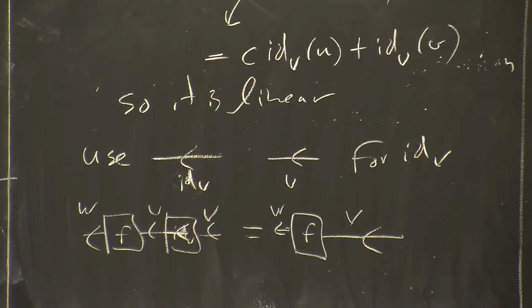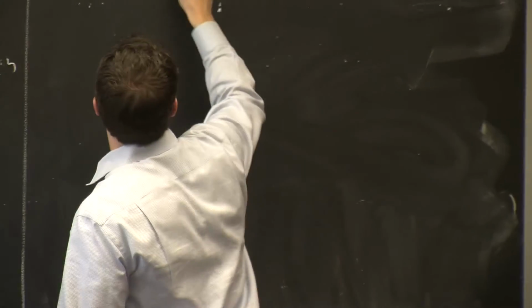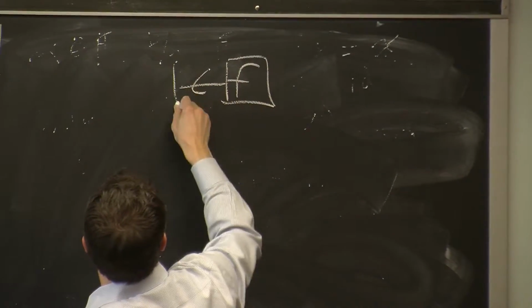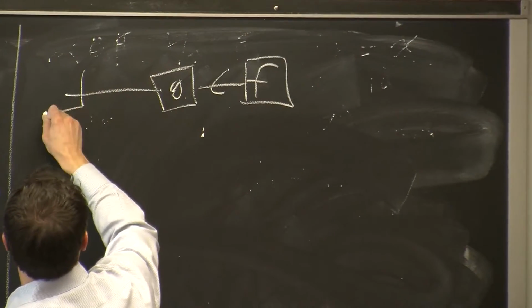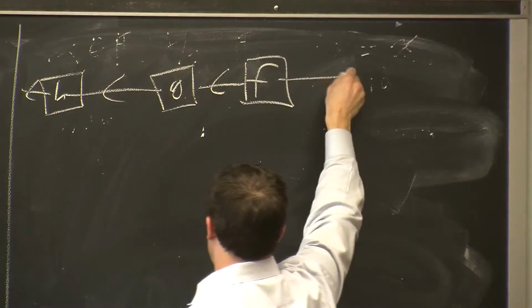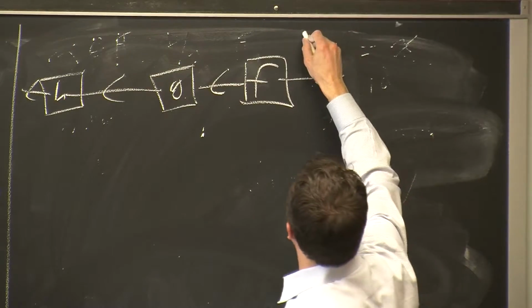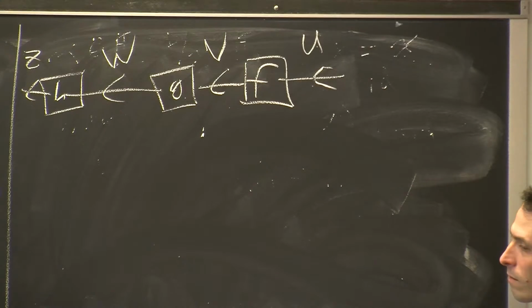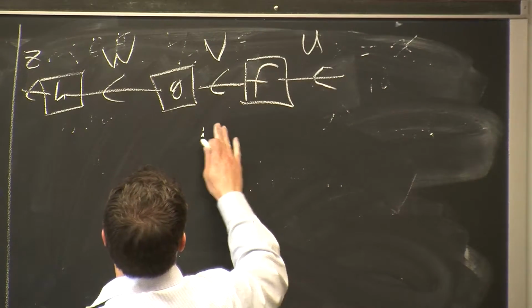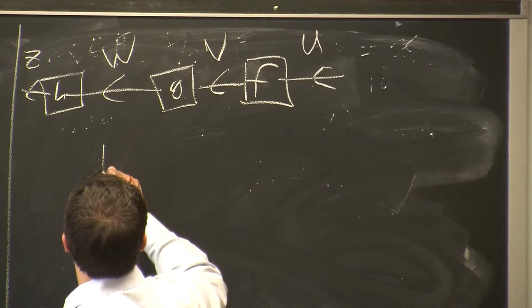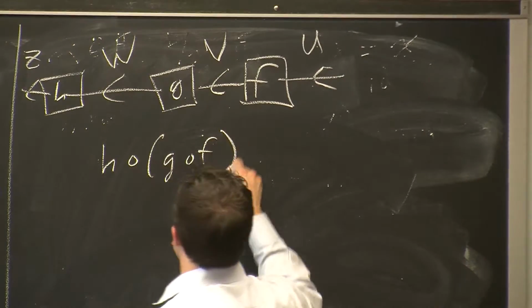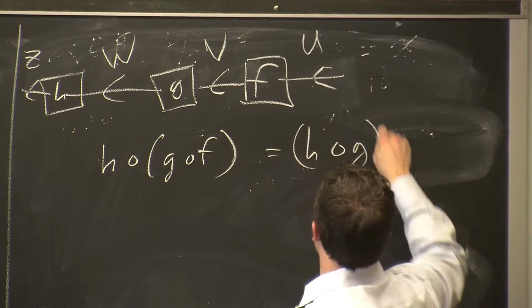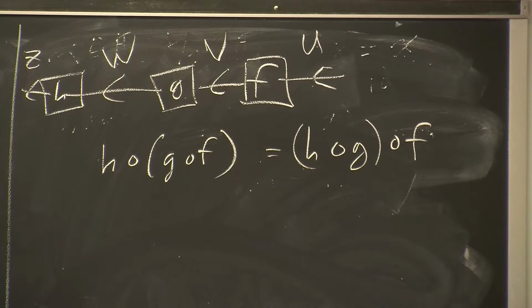There's also another property of composition, which is that it doesn't matter what order I do it in, not in the sense of commutative, but in the sense of grouping. So if I have 3 linear transformations, F, G, and H, and they go from vector spaces U, V, W, and I don't know, Z, I can write this as H composed with G composed with F, or I could write it as H composed with G first and then composed with F. And either way, I get the same answer.